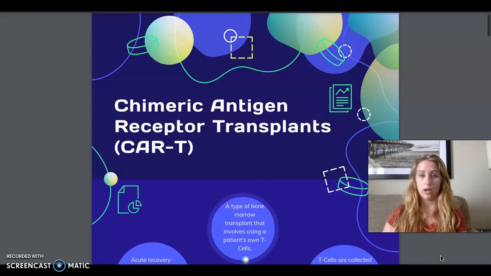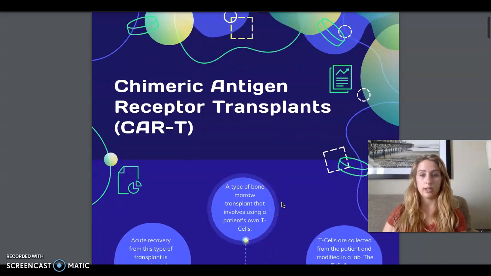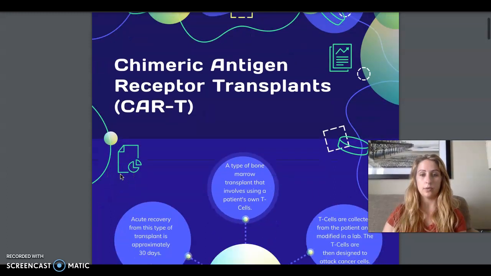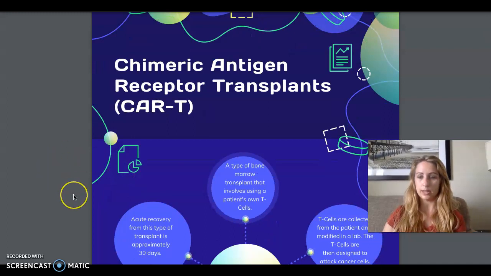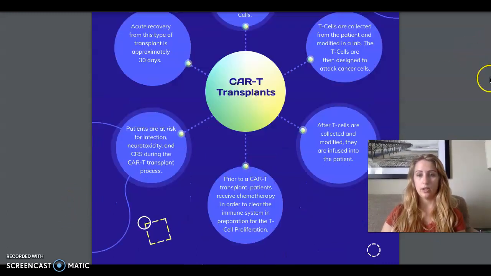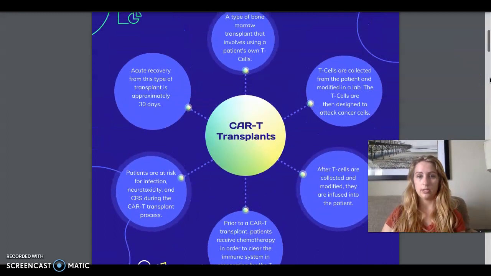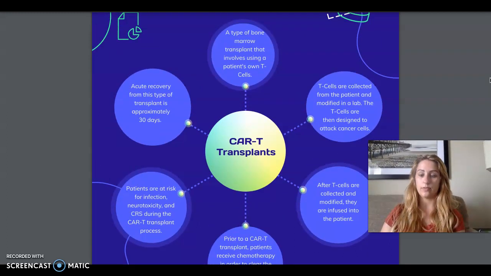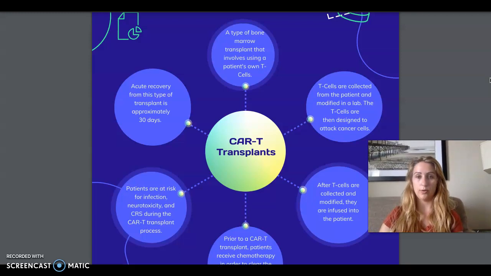Now, CAR T transplants. CAR T stands for chimeric antigen receptor transplants, and there's a lot of different things that go into this type of transplant. Some of the facts you guys will go through on your own.